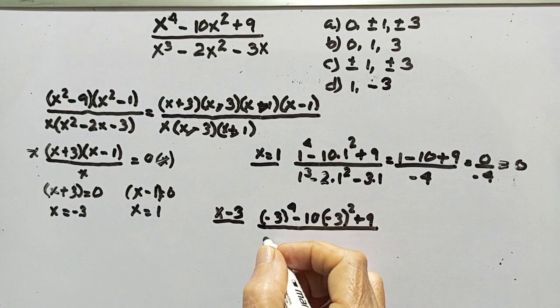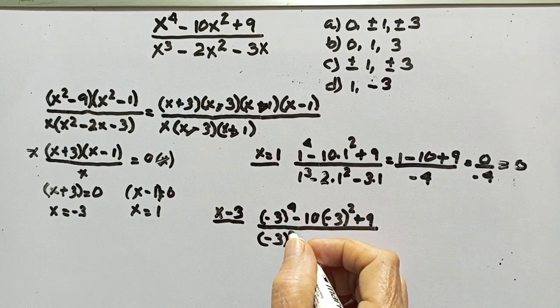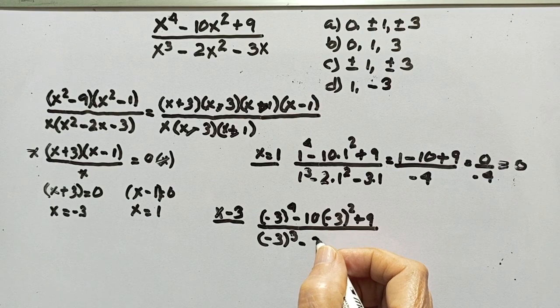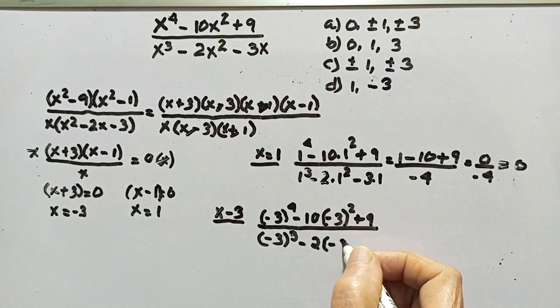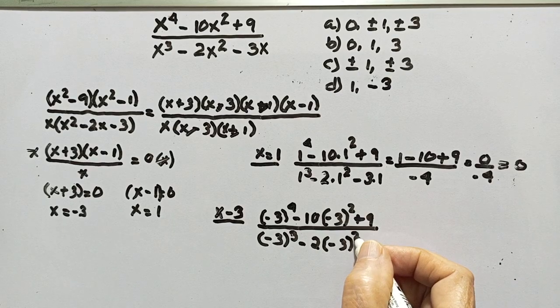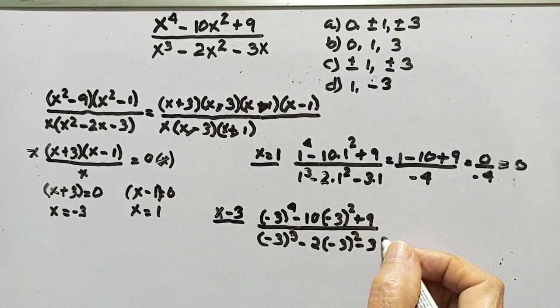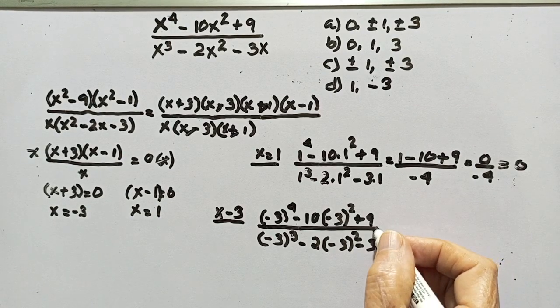So we have minus 3 cubed minus 2 times minus 3 squared minus 3 times minus 3 quantity.